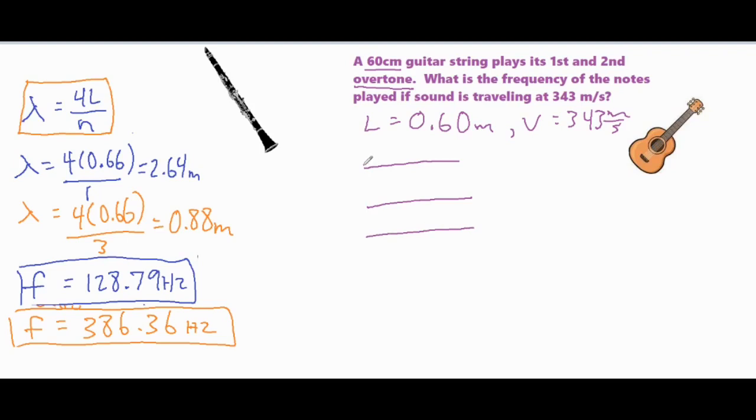So the first one is going to be closed on both ends, because it's either on the bridge where it's closed and then your fingers press down at a certain point, or it's up by the top of the instrument where it's still closed and there's no vibration. So we have one closed and one closed, and we go up by an increment of half a wavelength as we rise up from the first to the second to the third harmonic.